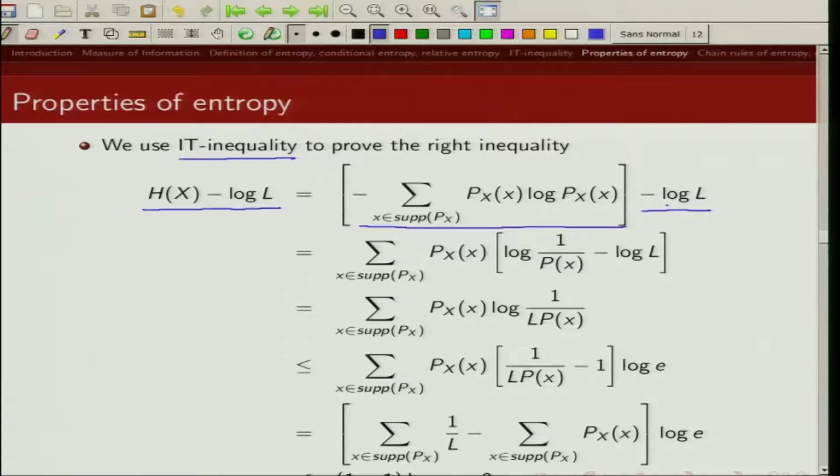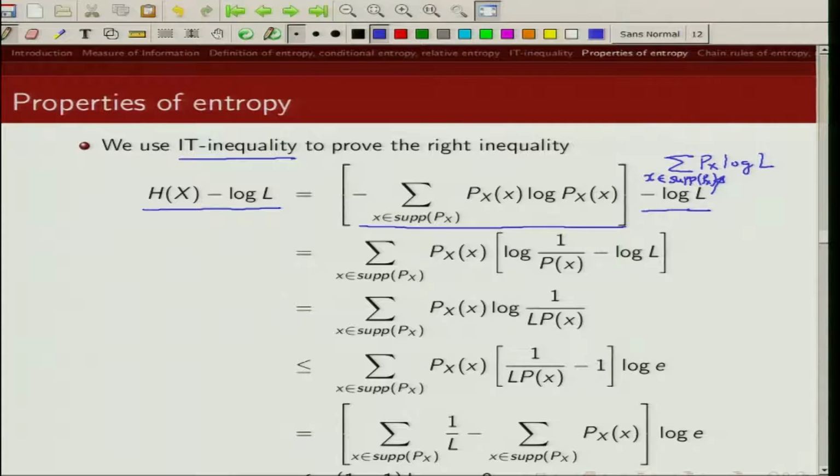Now minus log of L can be written as minus summation over p of x log of L, because summation of p of x should add up to 1, so I can write this term like this. And of course x is defined over the support set of p(x).